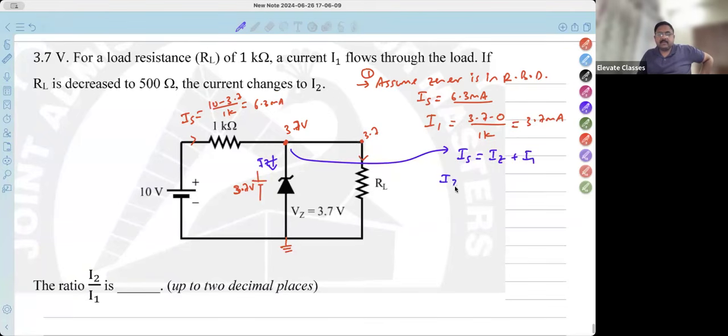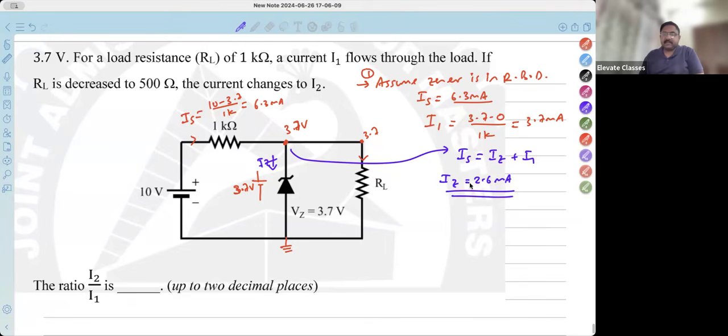IZ will be IS minus I1. So 6.3 minus 3.7, how much will it be? 2.6 milliamperes. IZ will be 2.6 milliamperes. Okay, do all of you remember up to here? This is 2.6 milliamperes.